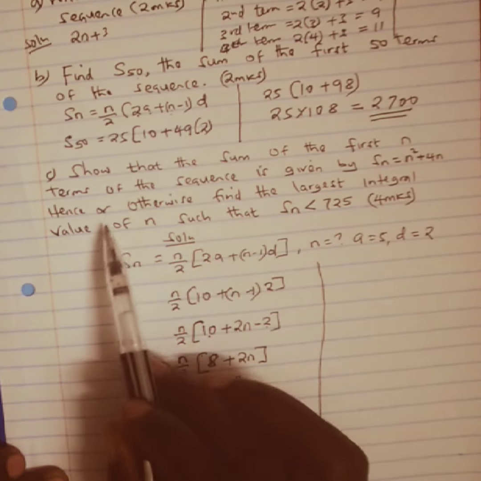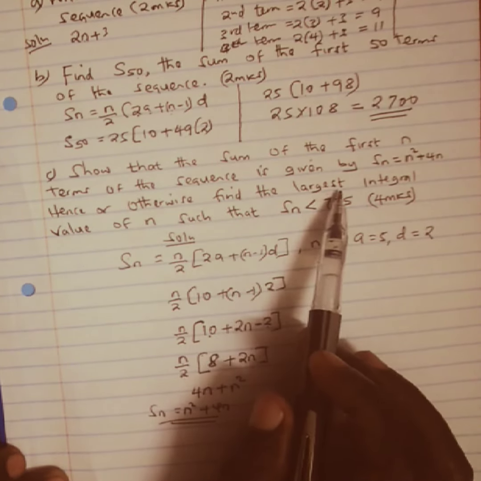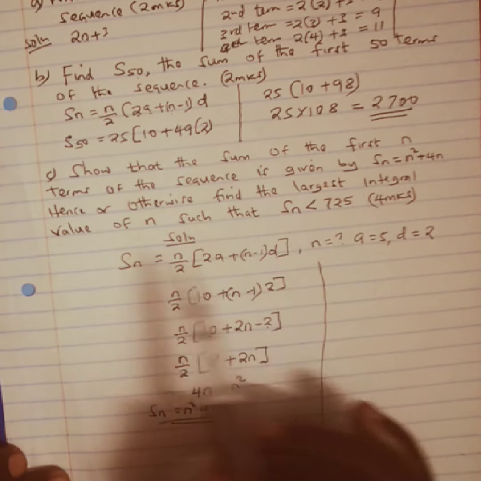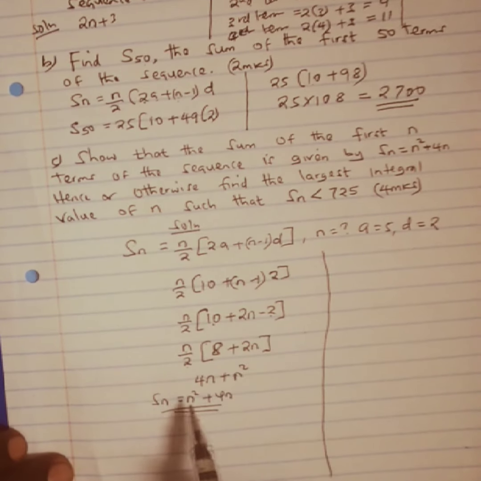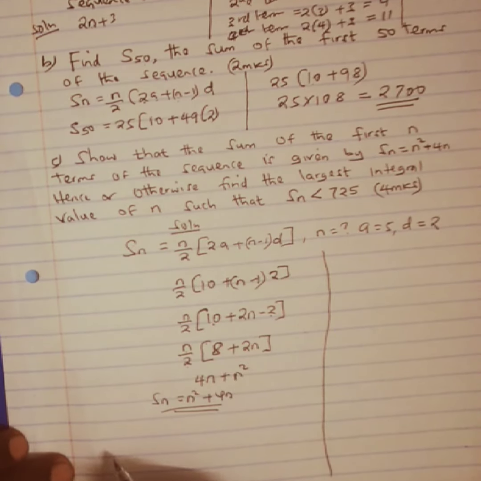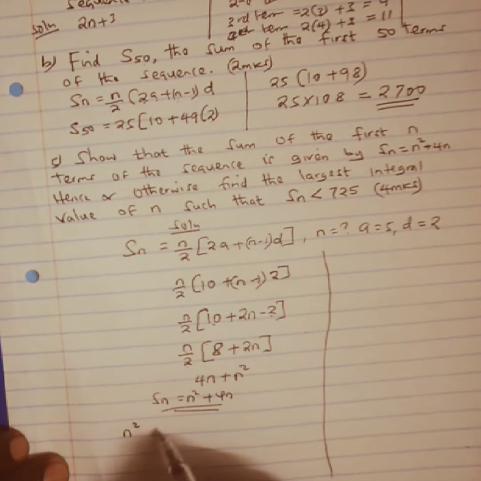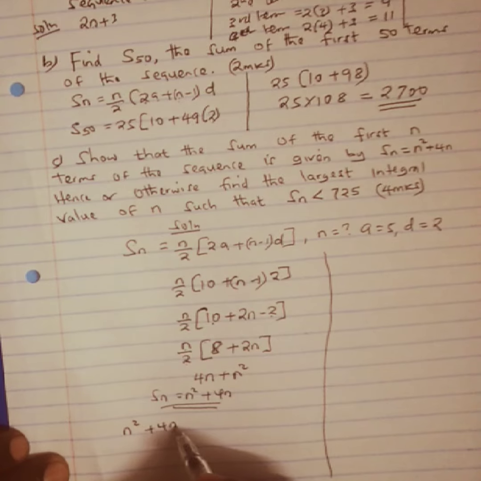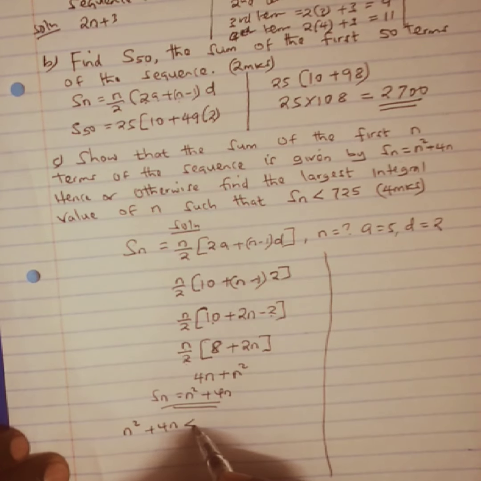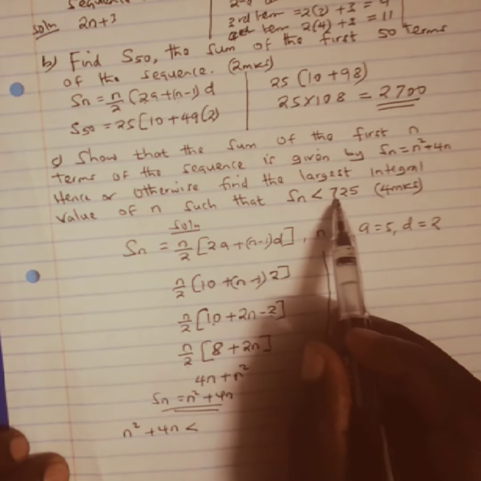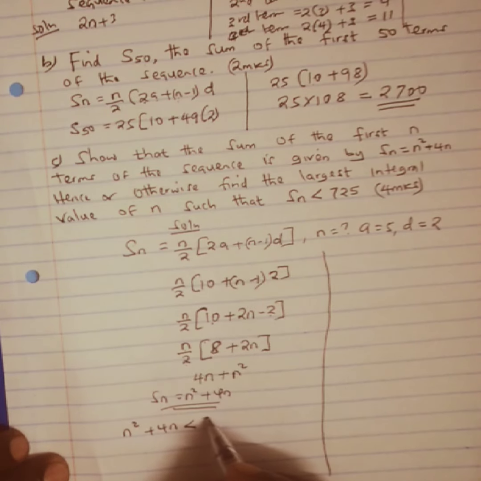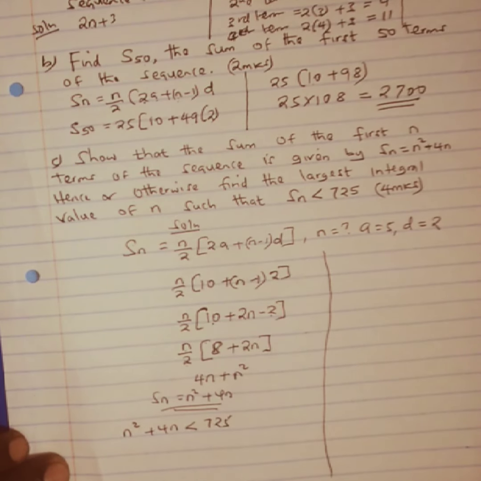But again, we are supposed to go down and find the largest integral value of n. So to get the value of n, we know n squared plus 4n will give us a sum less than 725.